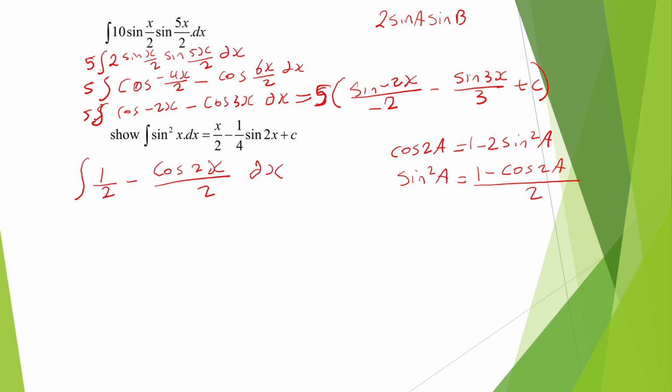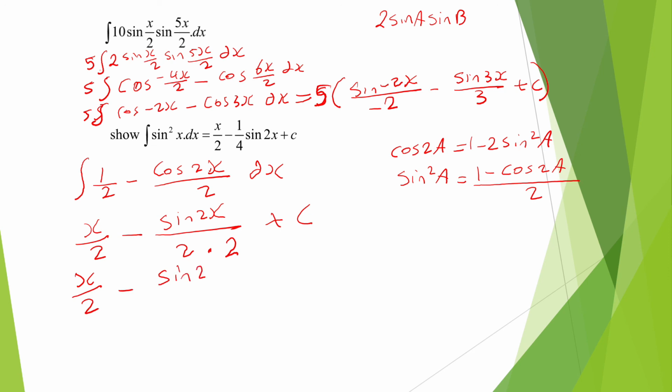Now integrating, we'll end up with x over 2 minus cosine 2x, which becomes sine 2x over 2, multiplied by the differentiation of the angle, which is 2, plus c. So x over 2 minus sine 2x over 4 plus c, and that's proven.